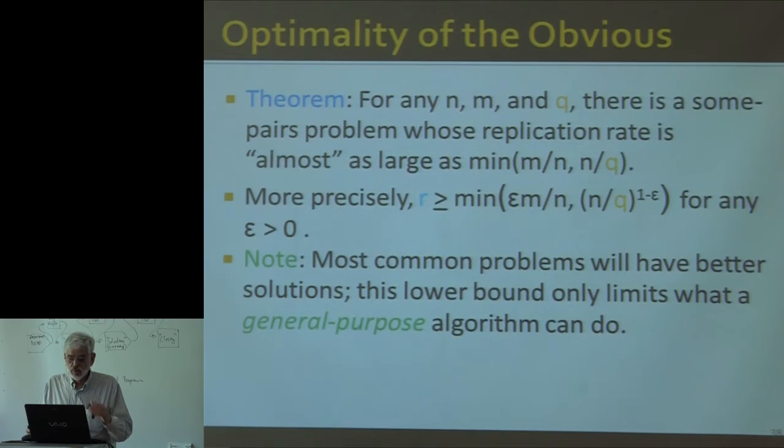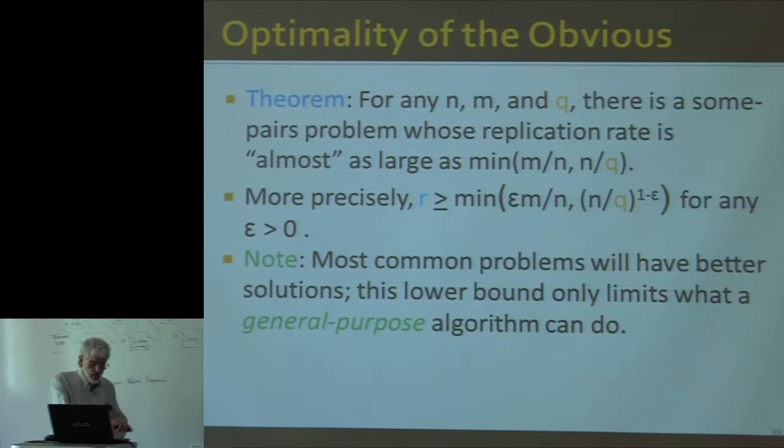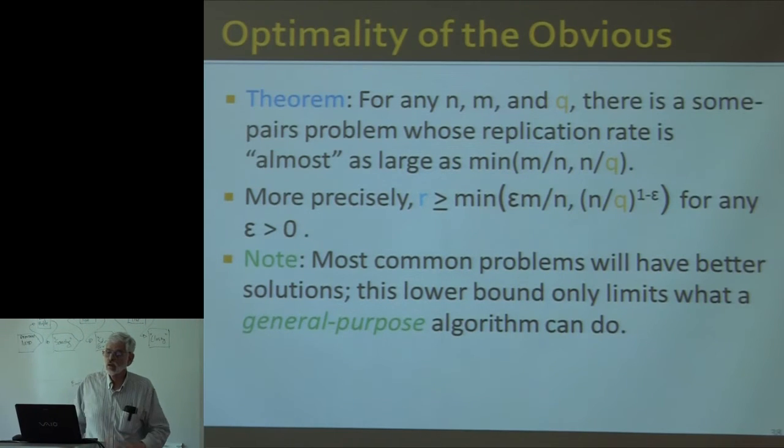Okay, and now again, remember, these are general purpose algorithms. If you take any particular instance of a some-pairs problem, like, for example, the Hamming distance 1 problem, there's every reason to believe you might get something that's better than this minimum.